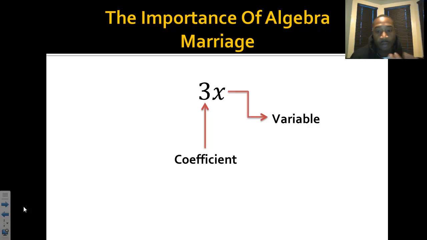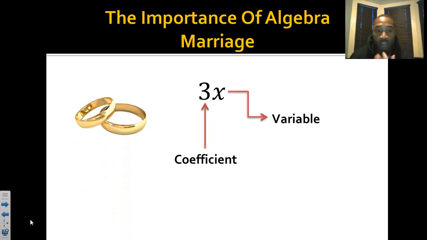So those are two vocabulary words for you to remember. Anytime we have an unknown, we represent it by using a letter, that's a variable. And when we have a number right next to it, that's a coefficient. Now, if you notice, there's no sign in between them. There's no division sign, addition sign, subtraction sign, multiplication sign. It's just 3 with an x right next to it.